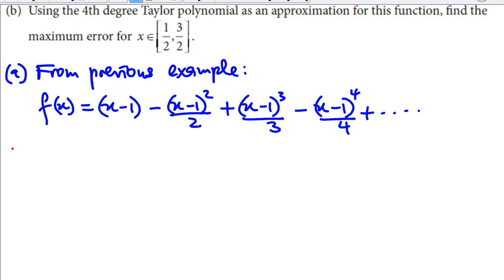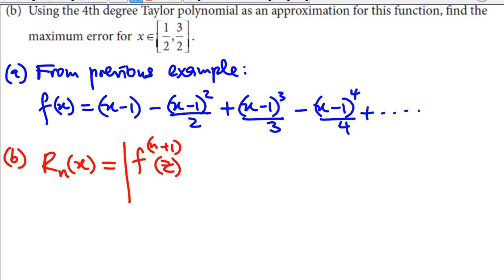So we need to write our error term, and the magnitude of error is given by this formula: the (n plus 1)th derivative at z, multiplied by (x minus c) to the power n plus 1, over (n plus 1) factorial.